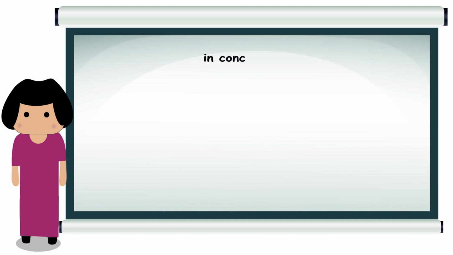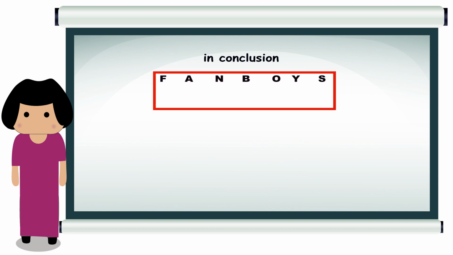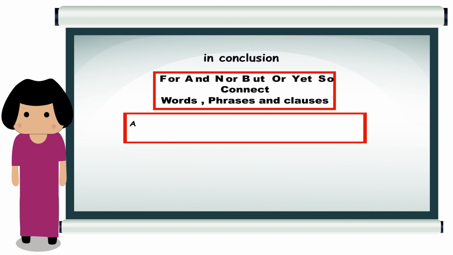In conclusion, there are 7 coordinating conjunctions: for, and, nor, but, or, yet, and so. They are used to connect words, phrases, and clauses. And, but, or, and yet are used to connect words, phrases, and clauses.